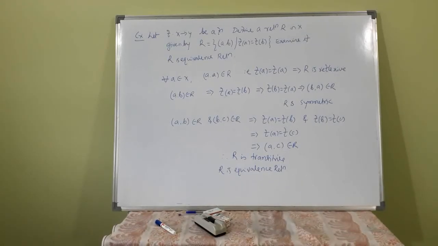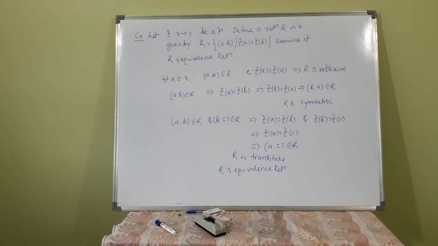Another example: f is a function from X to Y. Define a relation R in X given by (a, b) such that f(a) is equal to f(b). You have to check it for equivalence relation.